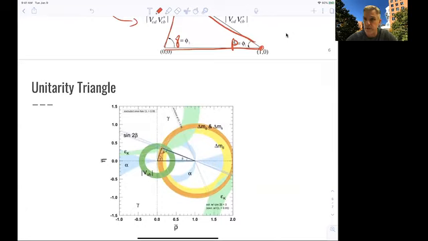When you put all of those measurements back together, you can look at this. So we see our triangle here. We see this point, eta and rho, which is given here in this eta and rho plane. And you see a number of measurements which correspond to elements of the CKM matrix.